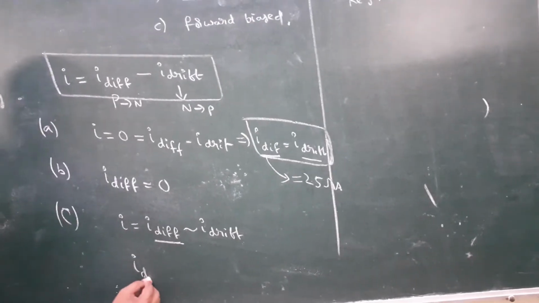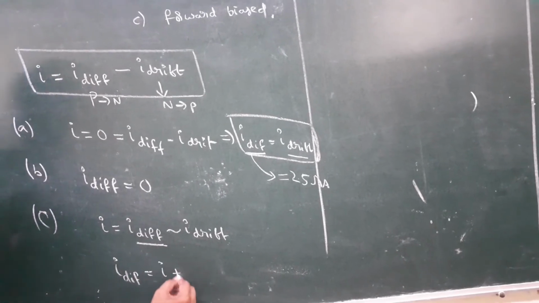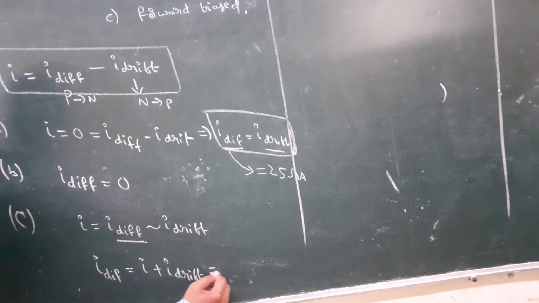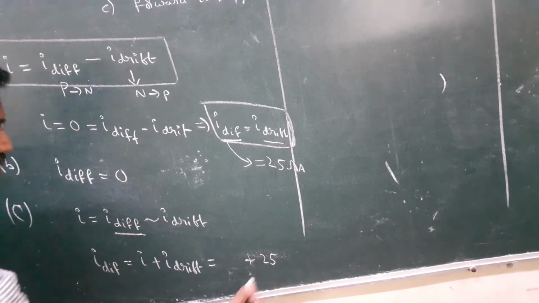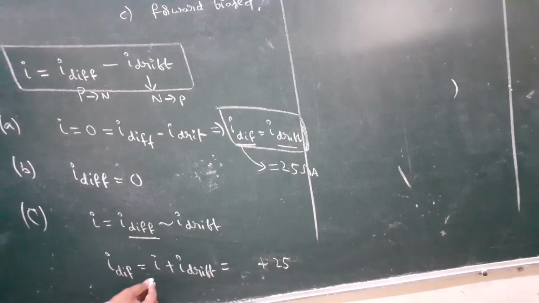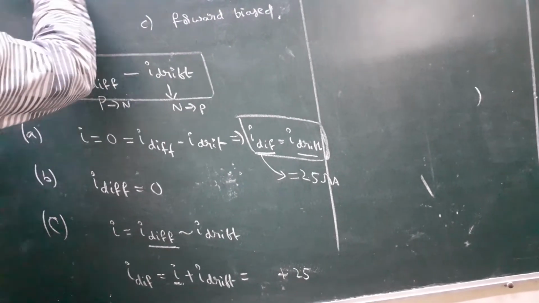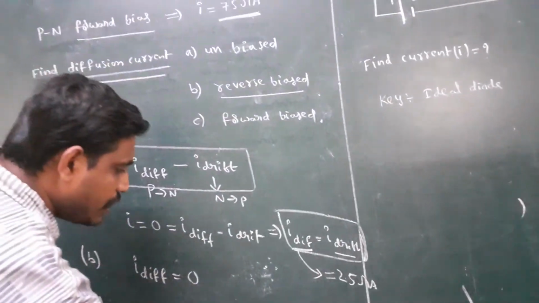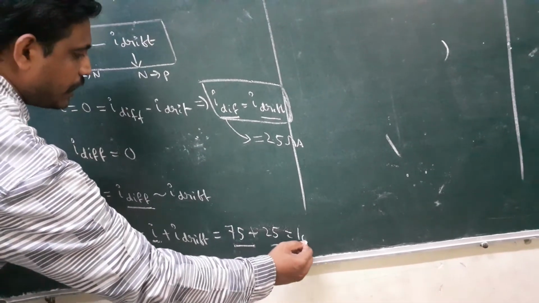I diffusion equals I plus I drift. The drift current we already know from reverse bias is 25. The current in forward bias is given as 75. Here 75 plus 25 we get 100.